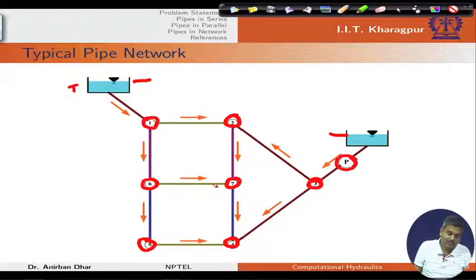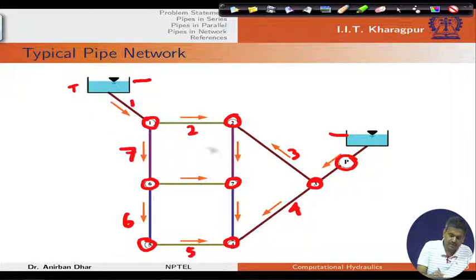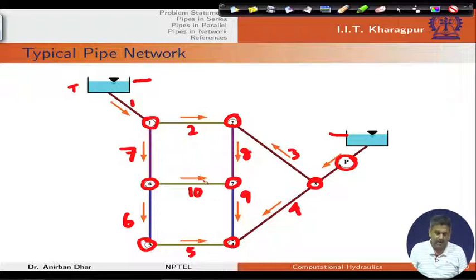With these 7 nodes we have 1, 2, 3, this is 4, 5, 6, 7, 8, 9 and 10 pipes, and with these 10 pipes we have one extra pump there.